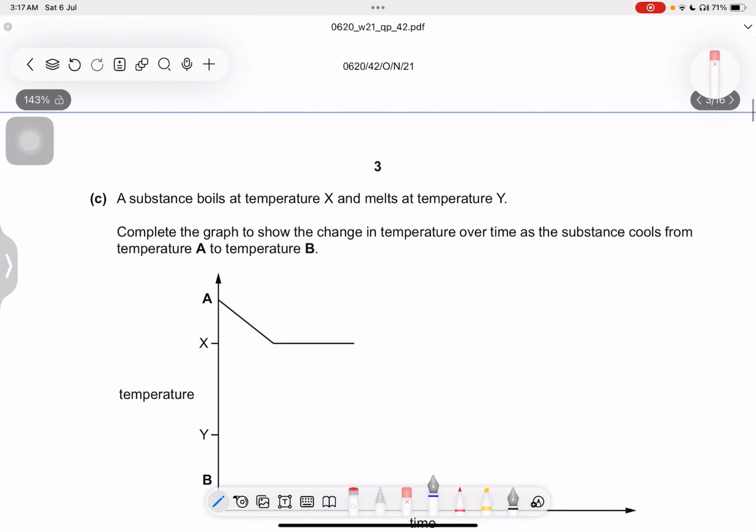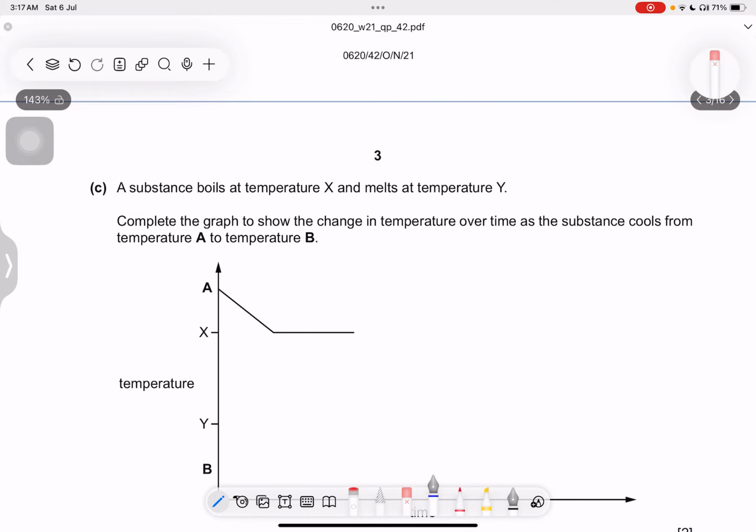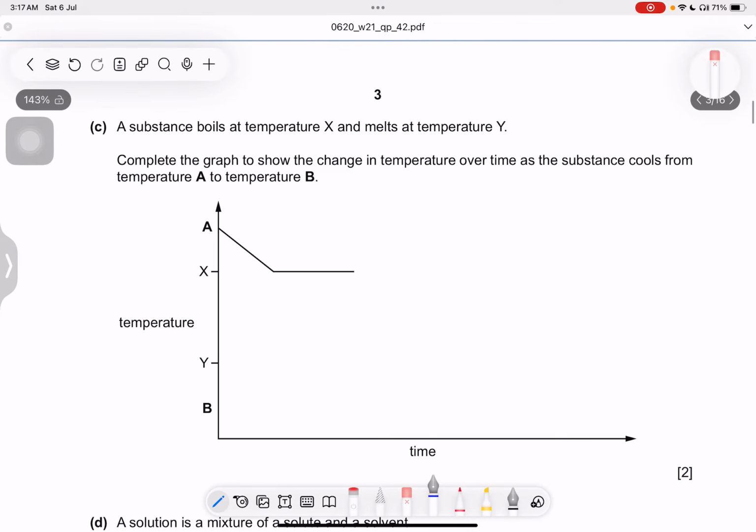Next, a substance boils at temperature X and melts at temperature Y. Complete the graph to show the change in temperature over time as the substance cools from temperature A to temperature B. Okay, so the graph would go like this, and then at Y it will become a horizontal line.